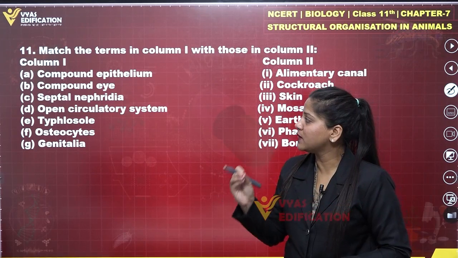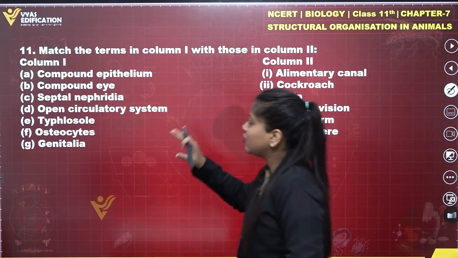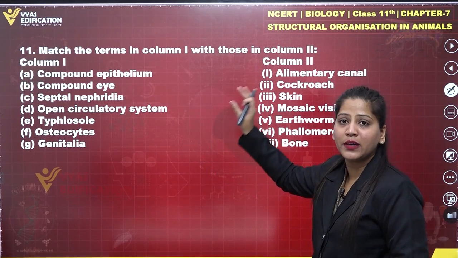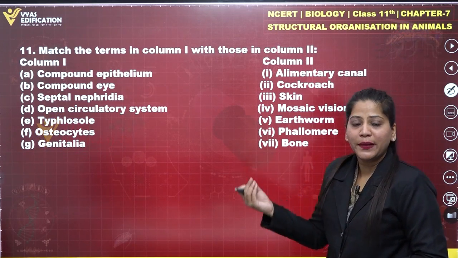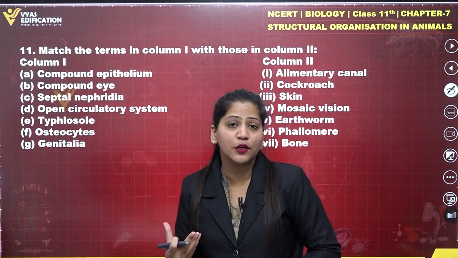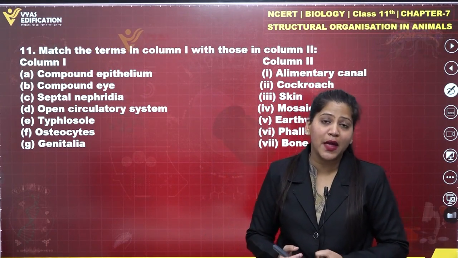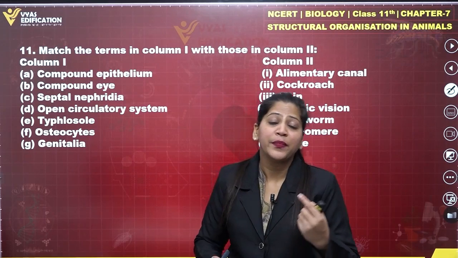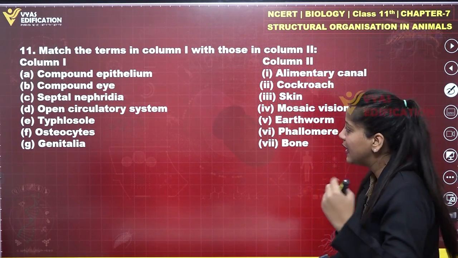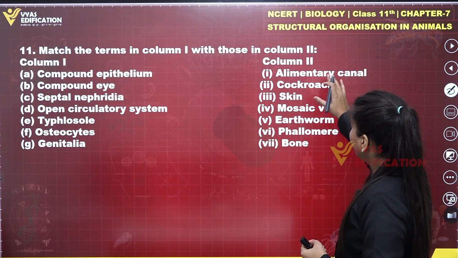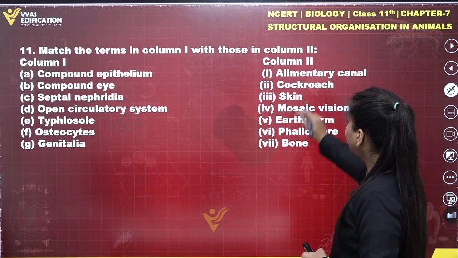Let's start with the very first term in column 1, that is compound epithelium. Let's match this with the terms in column 2. Easily we know that compound epithelium is the epithelium consisting of many layers of cells, and you will find it on the dry surface of the skin, in the inner linings of the buccal cavity, pharynx, ducts of pancreas, etc. So which of the following is given in column 2 for compound epithelium?